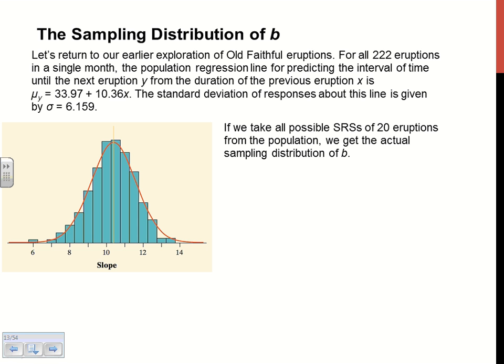So let's return to our earlier exploration of the Old Faithful eruptions. For all 222 eruptions in a single month, the population regression line for predicting the interval of time until the next eruption from the duration of the previous eruption is given by this equation, and the population standard deviation is 6.159. If we take all possible simple random samples of 20 eruptions from the population, we can get the actual sampling distribution of b.